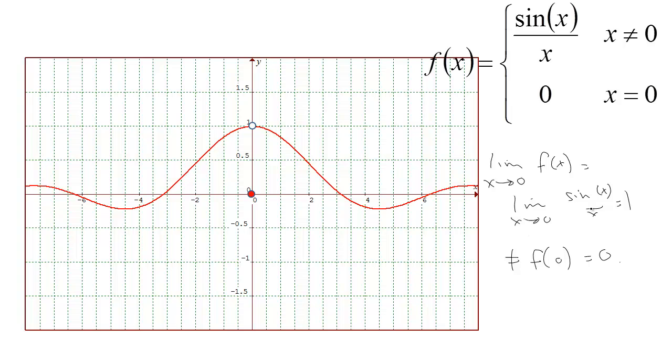So the function can be defined, and this one is defined at 0, and the limit can exist, but if the two don't agree, then it's discontinuous. So f is discontinuous at 0. We've already seen the way to fix that. If you don't mind adjusting the function at this one point, it will now be continuous. So what we've done is basically move this up to plug that hole so that we have a nice continuous function across there.